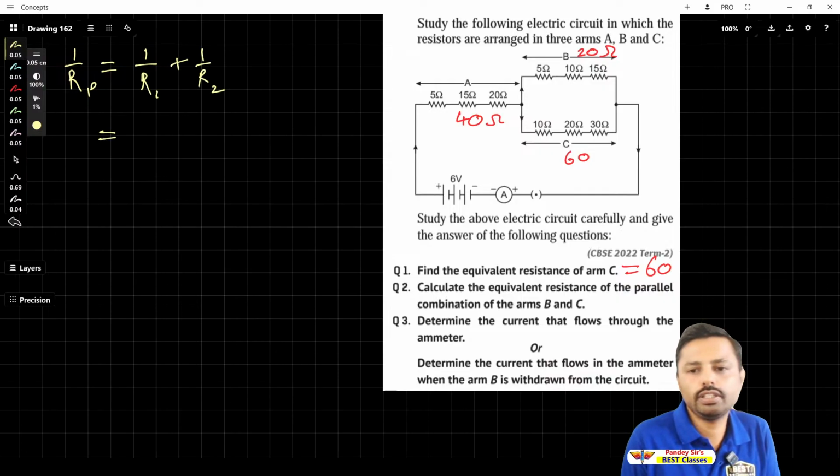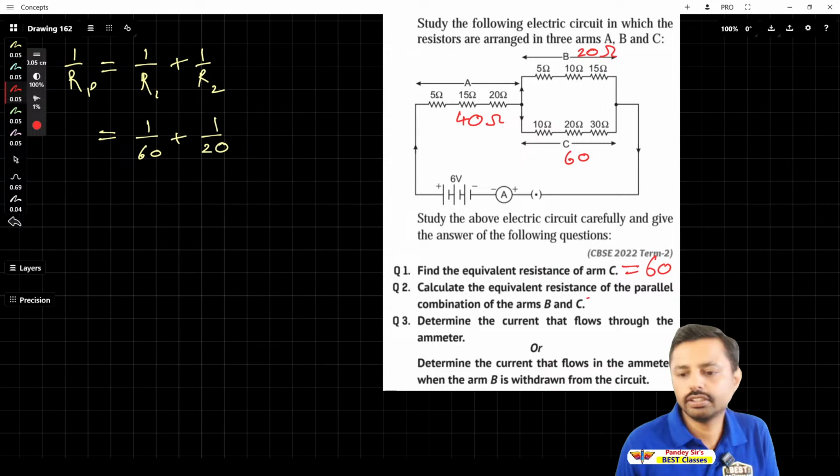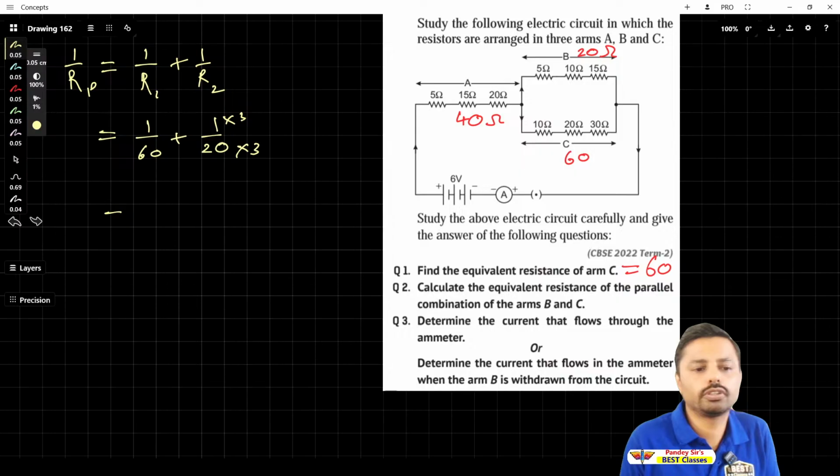So let's put those values, that's 60 and 20. So 1 by 60 plus 1 by 20. They said B and C, so C is 60 and B is 20. Multiply with 3, we got 4 by 60.